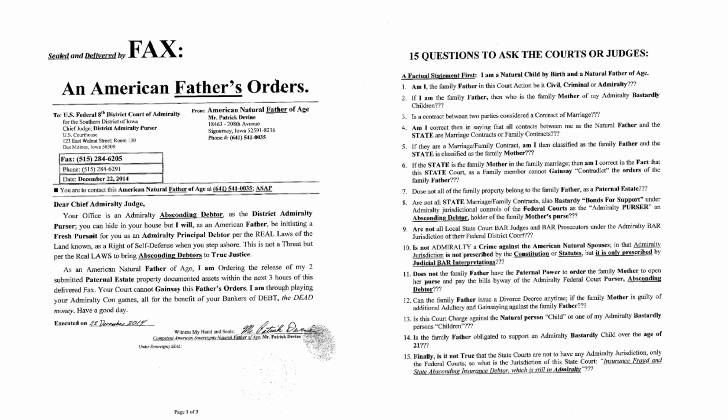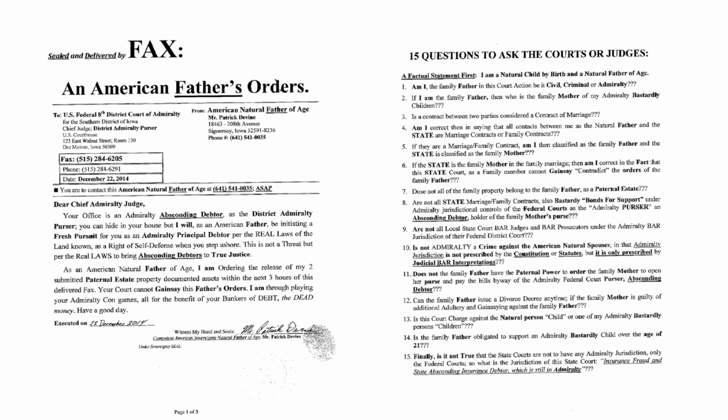Number 11. Can the family father issue a divorce decree anytime if the family mother is guilty of additional adultery or gainsaying against the family father? You can go back into the Bible and check that one out. And that's where you just write down a piece of paper and just give her a divorce decree and say, here's your walking papers.